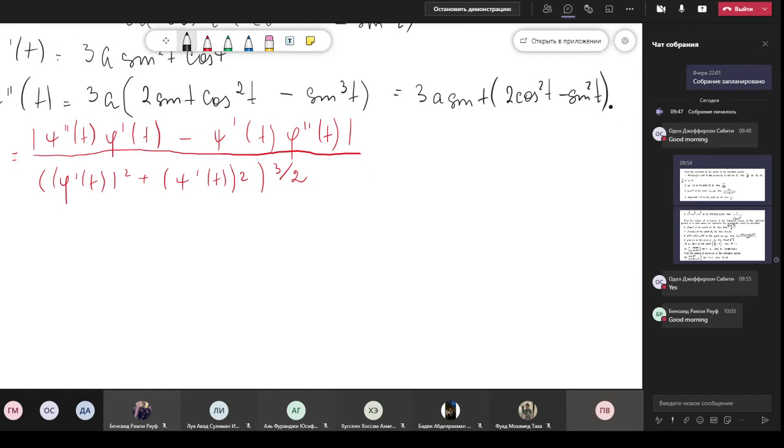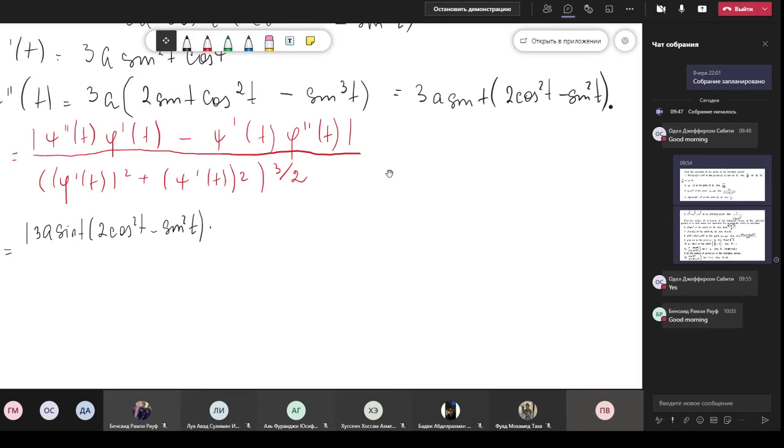K equals modulus of psi 2 prime, 3a sine of t times 2 cosine squared of t minus sine squared of t, times phi prime of t.